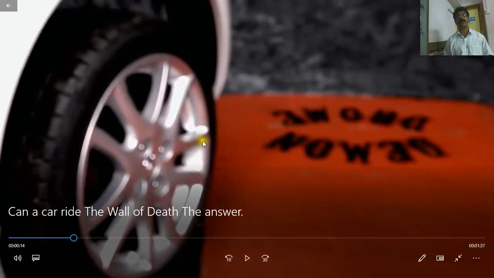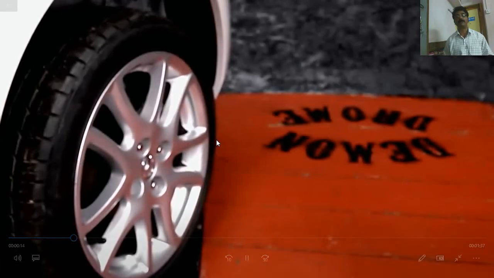We are showing the video which will clear up what the wheel of death is and how actual riding of cars or two-wheelers takes place inside it. So try to concentrate on the video, and from time to time I will stop the video and explain what is happening there. So let us start to see the video.